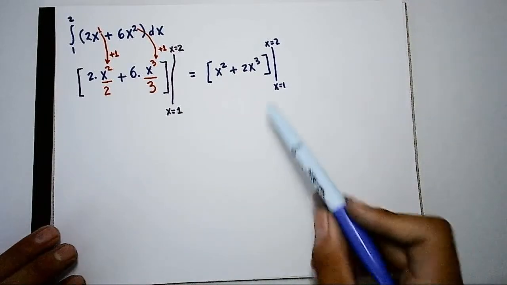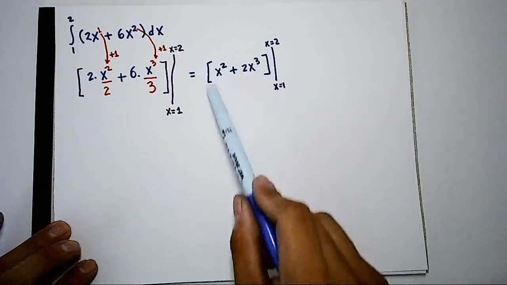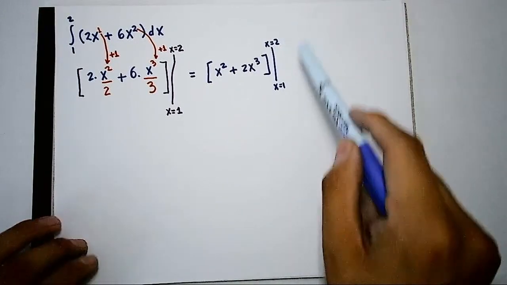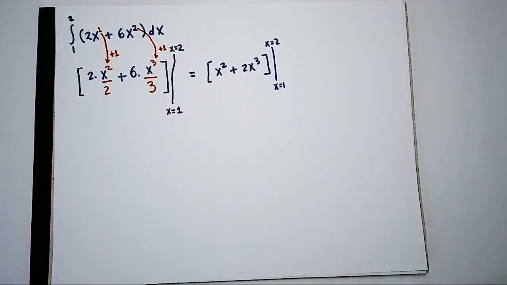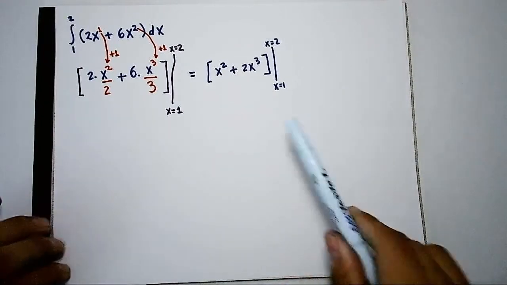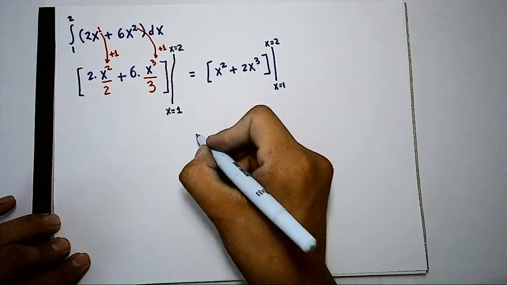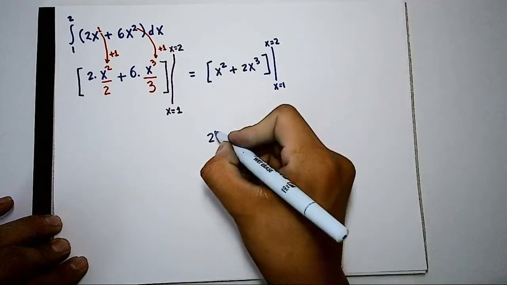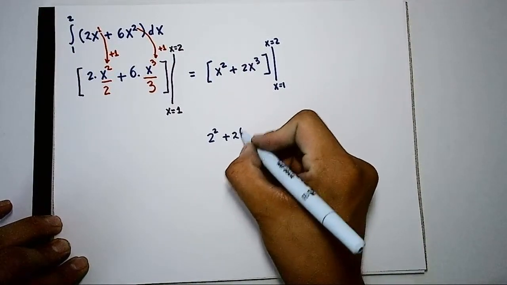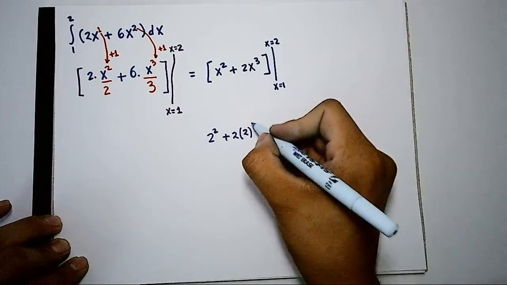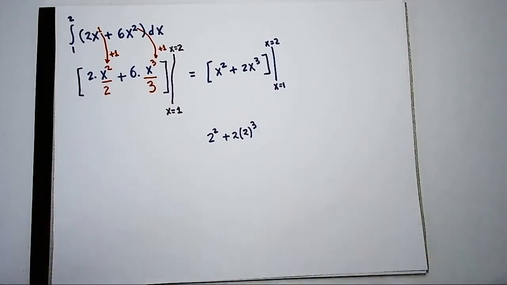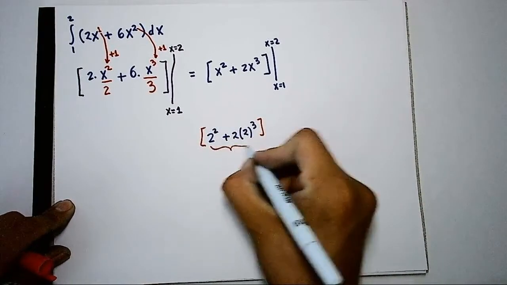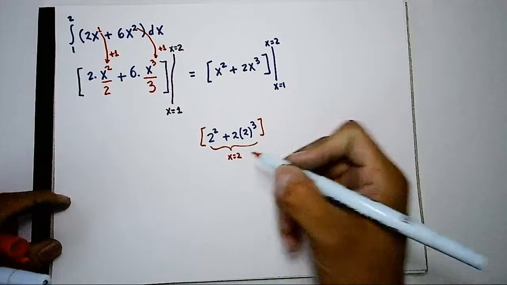Now that we found the integration, we can replace with the values of x equals 2 and x equals 1. Let's replace with x equals 2. This is going to be 2 squared plus 2 times 2 to the third. This is when x is equal to 2.